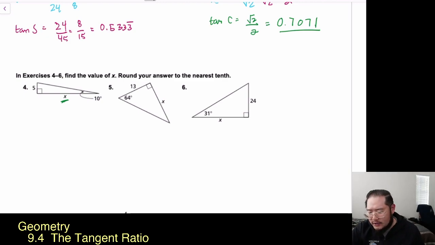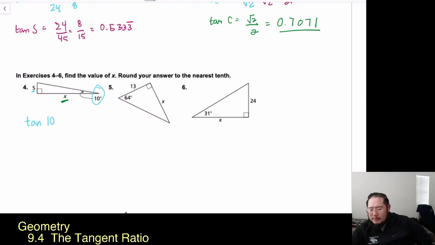I'm going to use the tangent ratio, and I can use that because the sides in relation to angle 10 are opposite and adjacent. 5 would be opposite, x would be adjacent. If they had a number up on the hypotenuse, then I couldn't use the tangent ratio, at least not yet. So let's put this all together, and I want to put tangent of the angle, and that's 10.